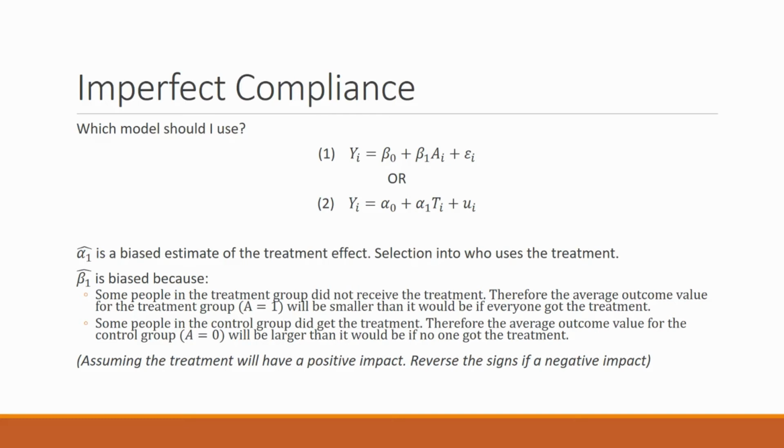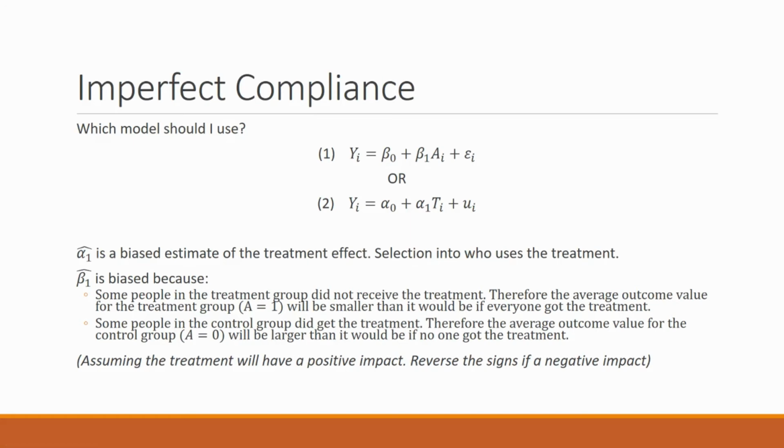But what about A? A was randomly assigned. Should we use that? If we run this regression, we will get an estimate for beta 1, beta 1 hat. It'll be an estimate of the relationship between having the treatment and y.